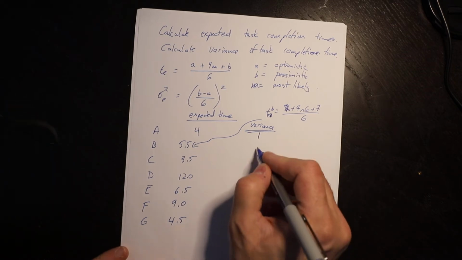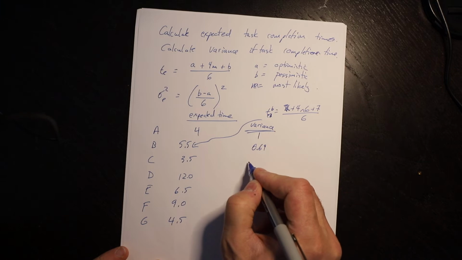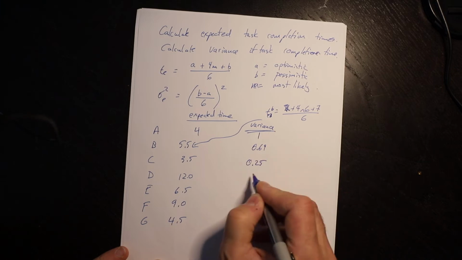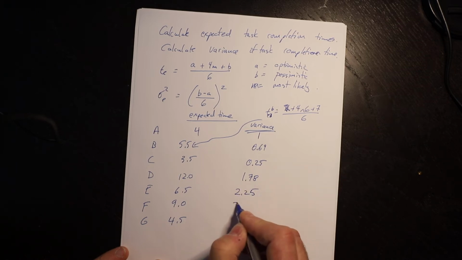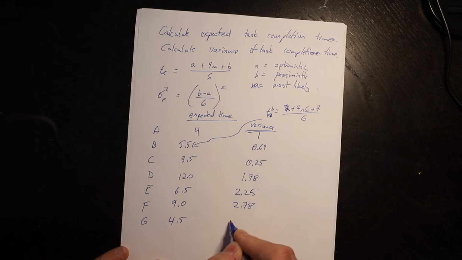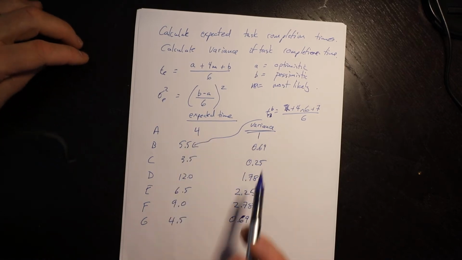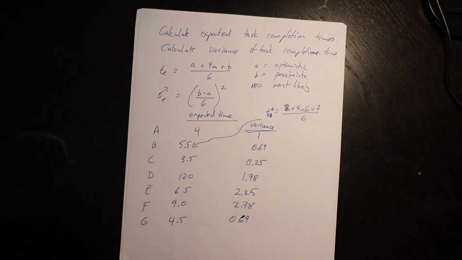We will get 0.69, 0.25, 1.78, 2.25, 2.78, and 0.69. So we have now expected completion time and variance of expected completion time.